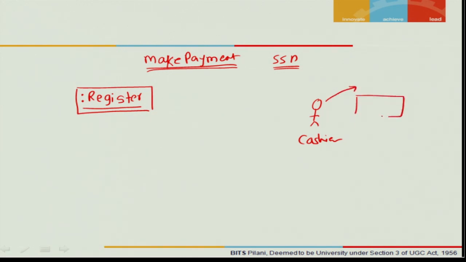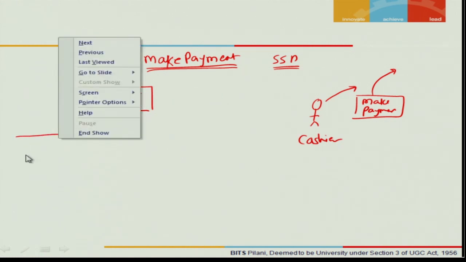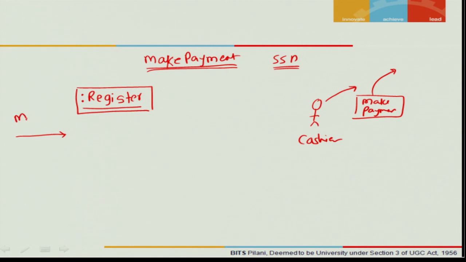Maybe there is one button called make payment. He is clicking on this button which is generating a make payment kind of event for the system. So make payment is coming from the outside world to the system, maybe with some parameter, and that is coming to the register.